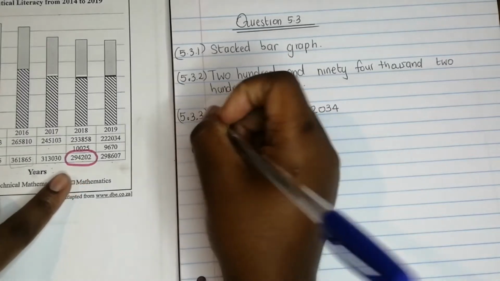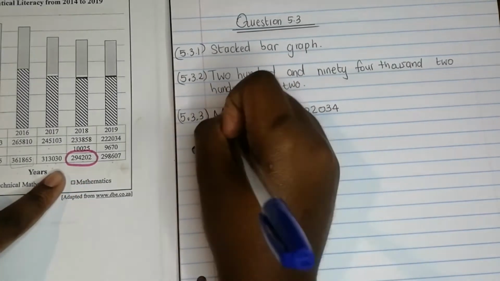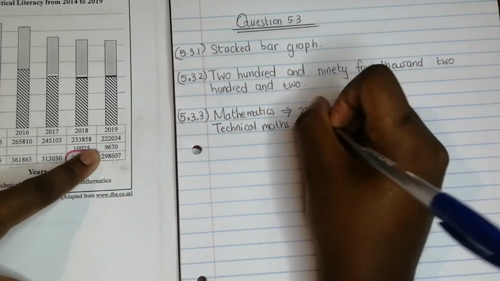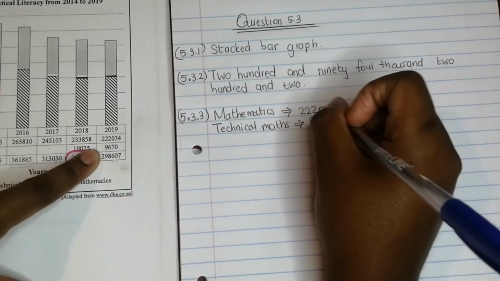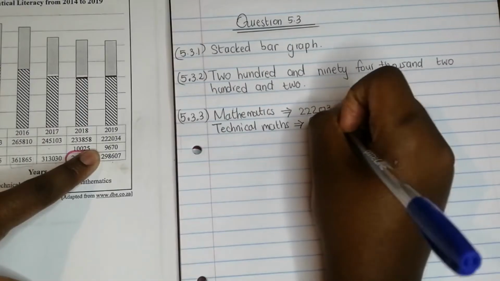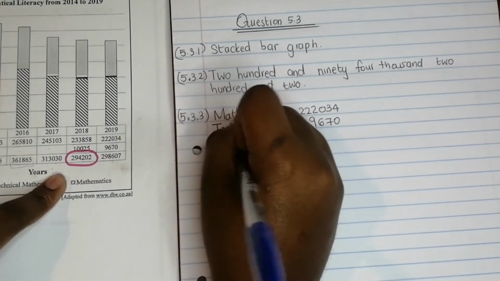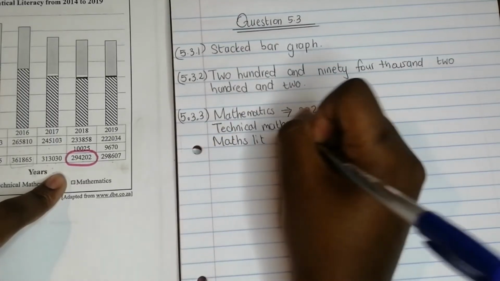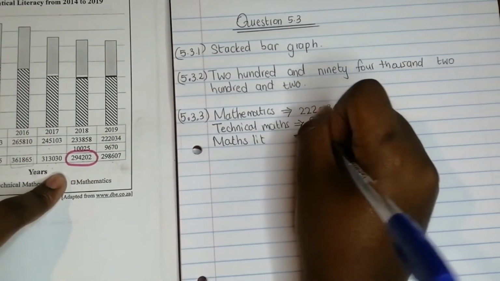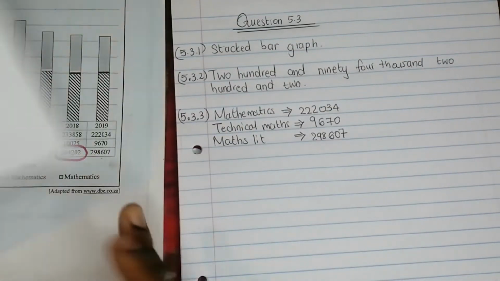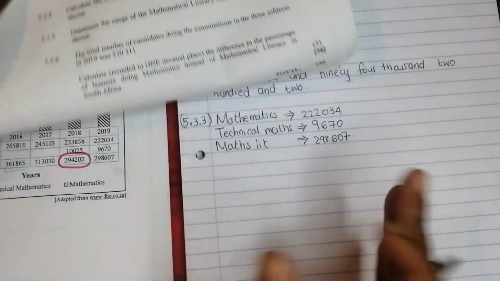For technical maths, it was 9,670. And for maths lit, there were 298,607.